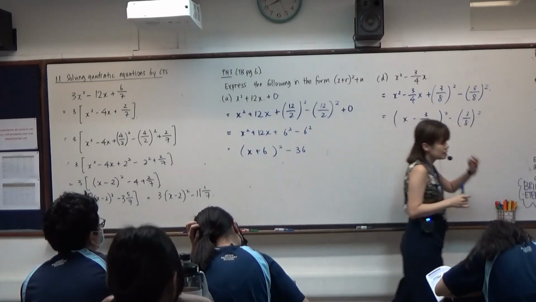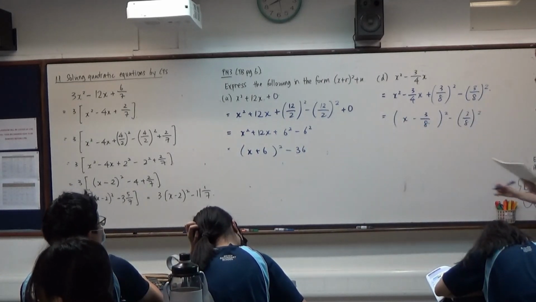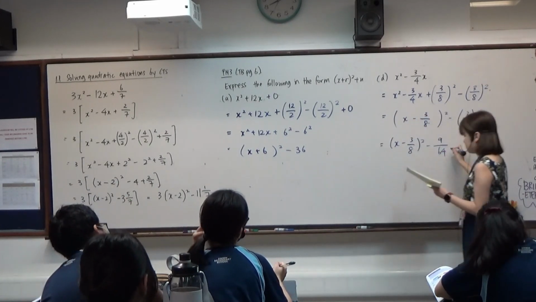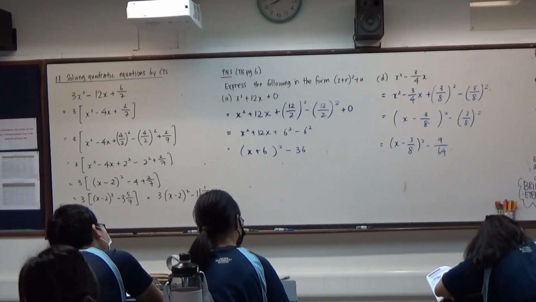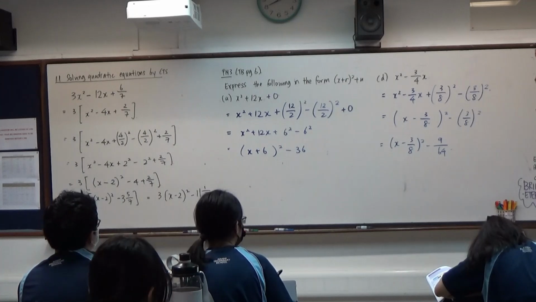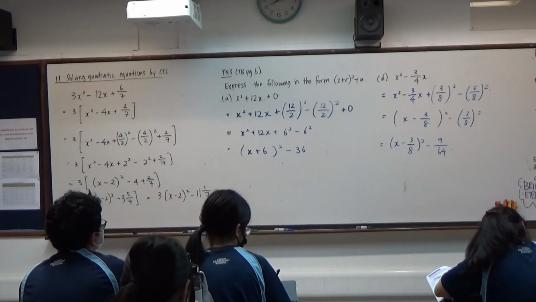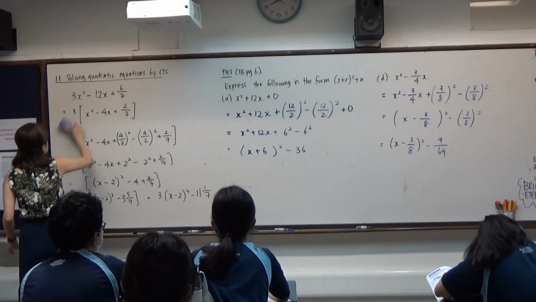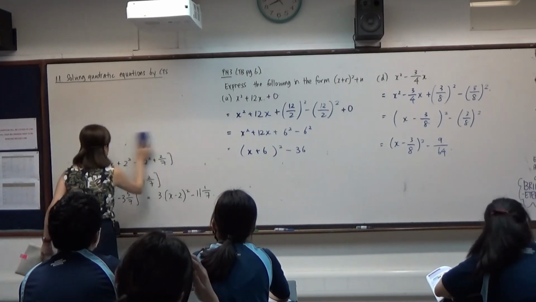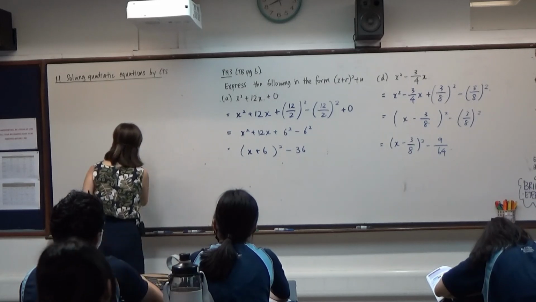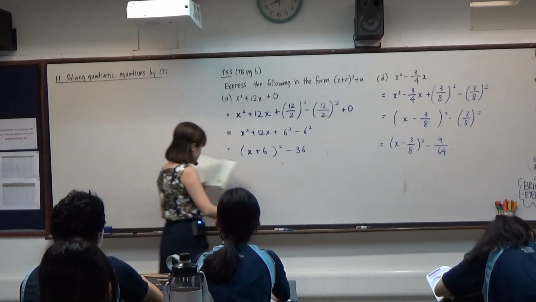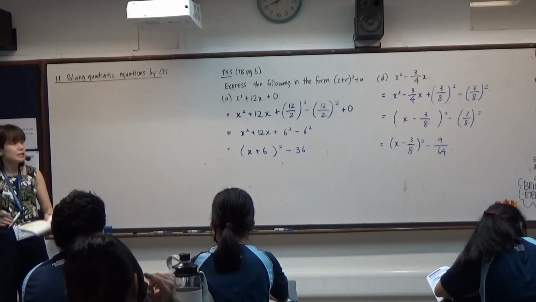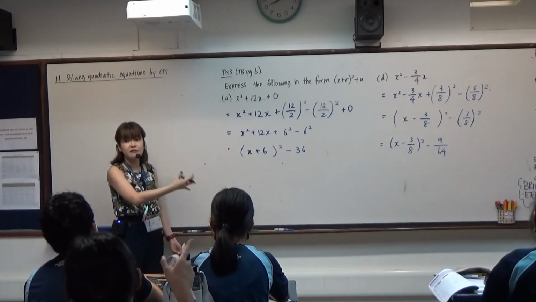So for this 3 over 8 squared, do press your calculator, such that we will have 9 over 64. Any questions?